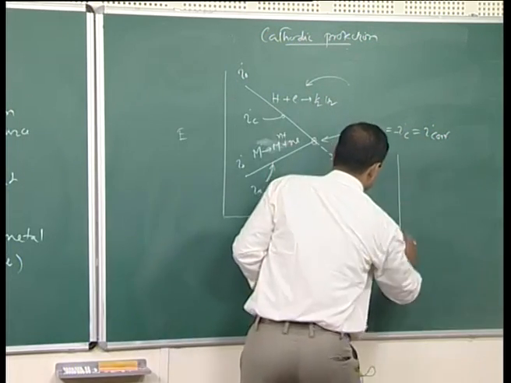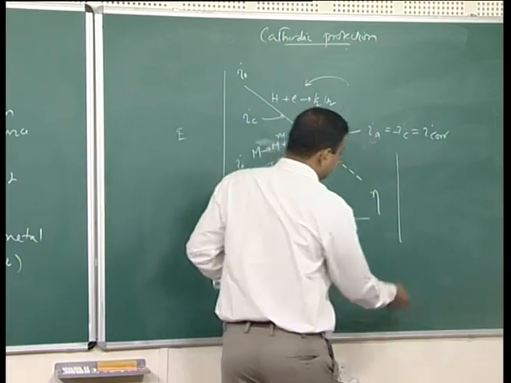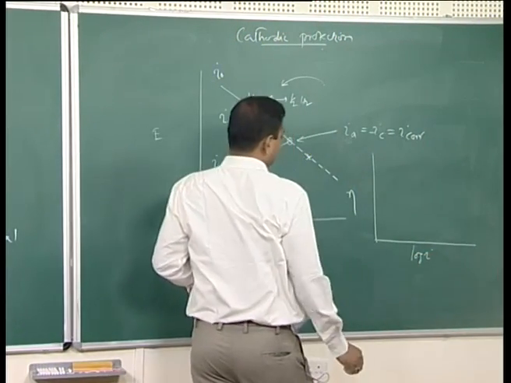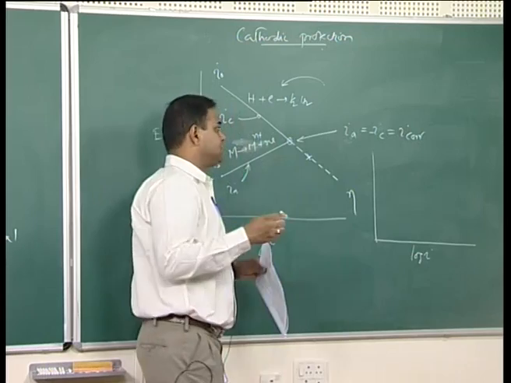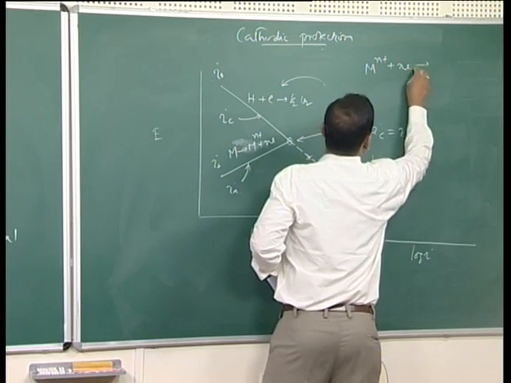We have seen that this is my polarization over voltage and this is my log I with respect to a single reaction, let us say this is M going to M n plus plus n e.